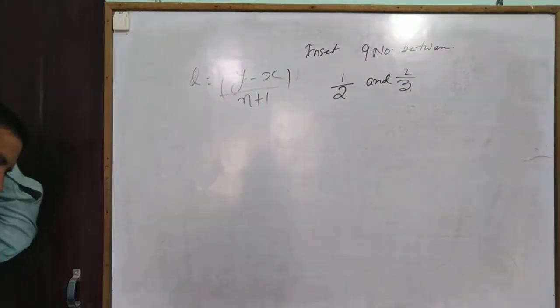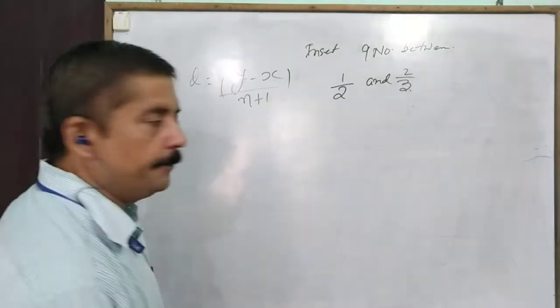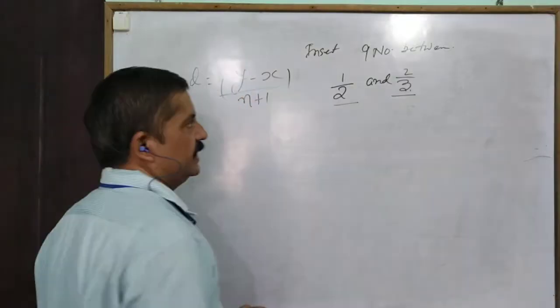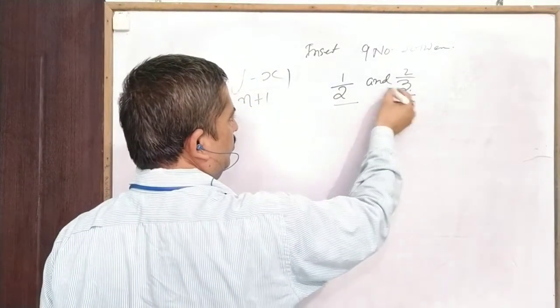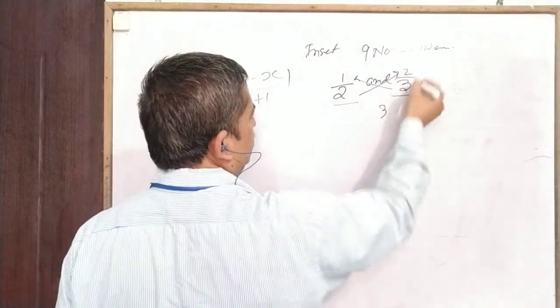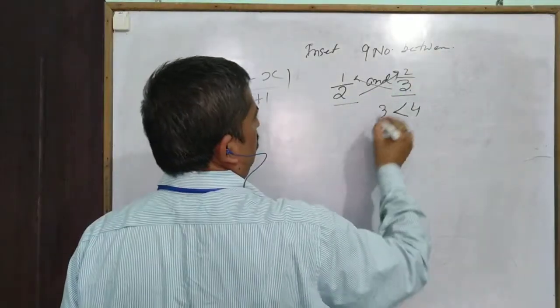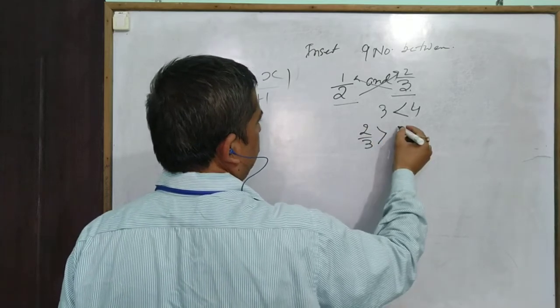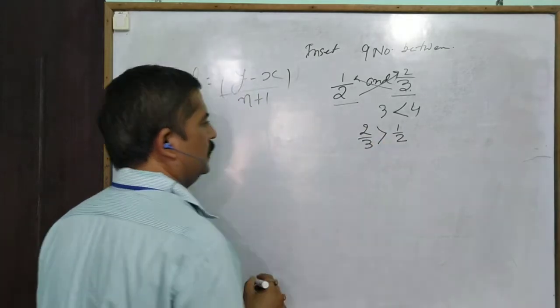So first of all, we compare them. Which is larger? So how to compare? With 3 and 4. So 2 by 3 is greater than 1 by 2.